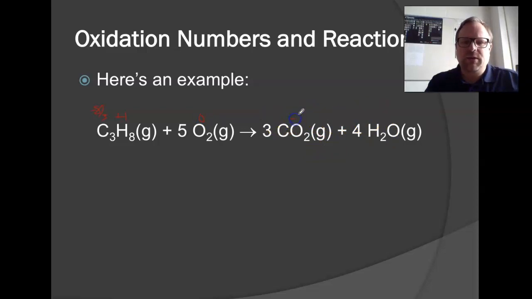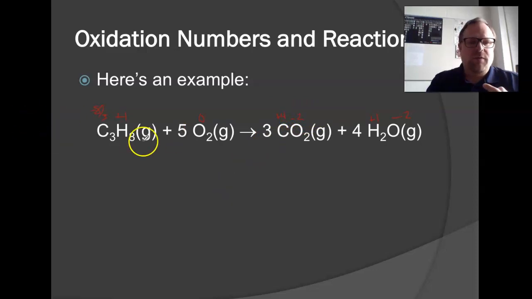I like to do the easy ones first, right? Oxygen is -2. Hydrogen is +1. Oxygen is -2 again here. So now we just have to figure out what carbon is. Well, if there's 2 of these -2s, that's -4. We've got 1 carbon to balance things out, so carbon has to be a +4 here.